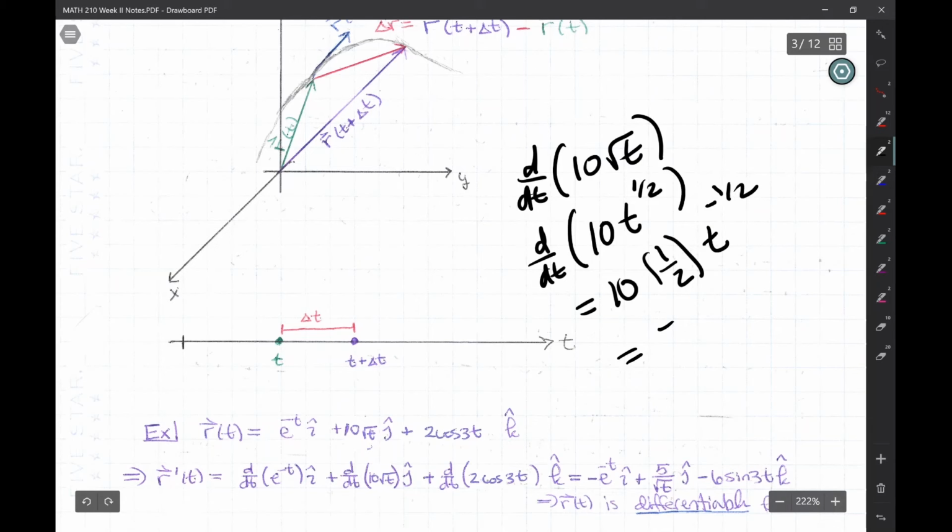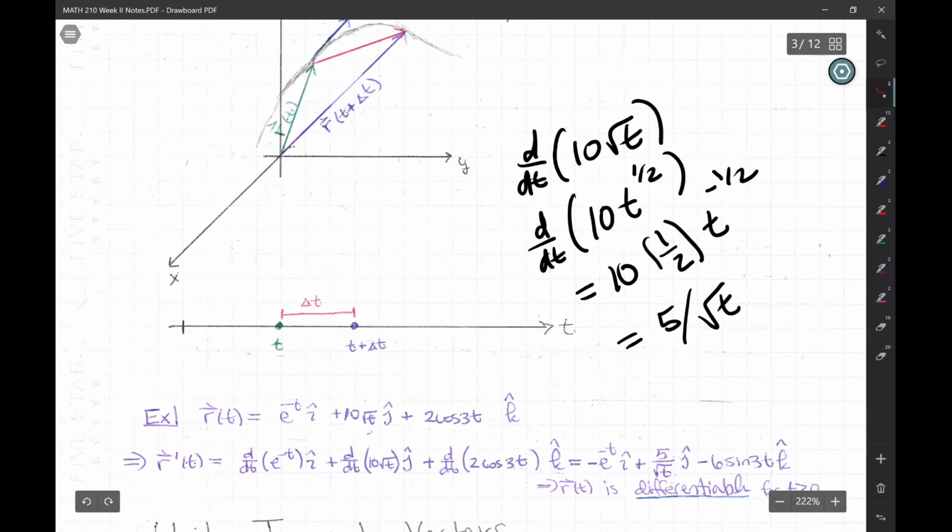And so you could write that as 5 over root 2, because t raised to the power of minus 1/2. And you could take the derivative also of this, and we end up with a vector. Don't forget that just because we were writing this as a sum, ultimately it's a vector.